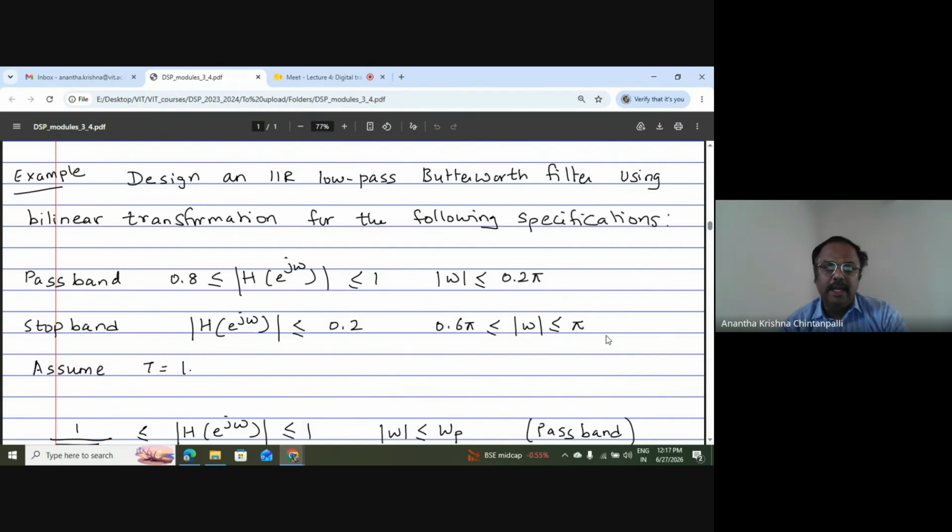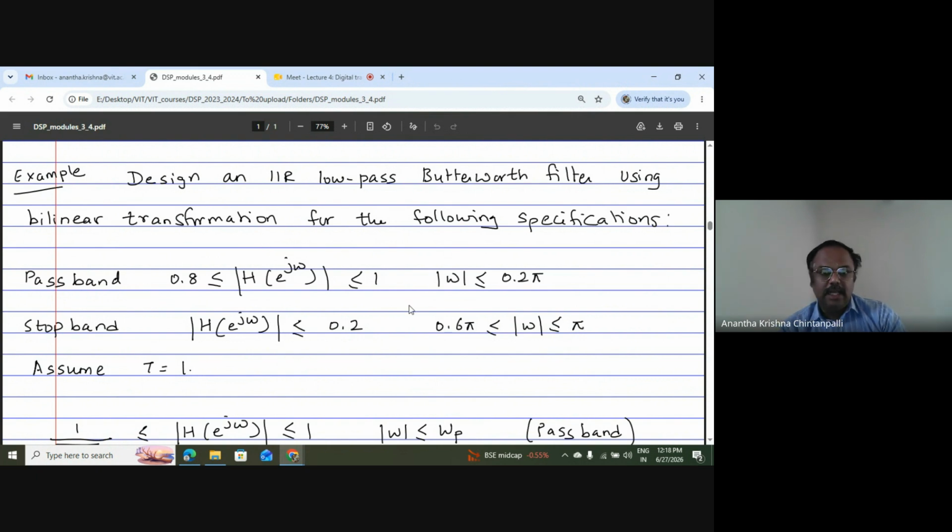So what I need to do first here is, discrete omega p is given and discrete omega s is given. Now I need to get the corresponding continuous omega p and continuous omega s. How do I convert that first? Using the bilinear transformation, which is given.